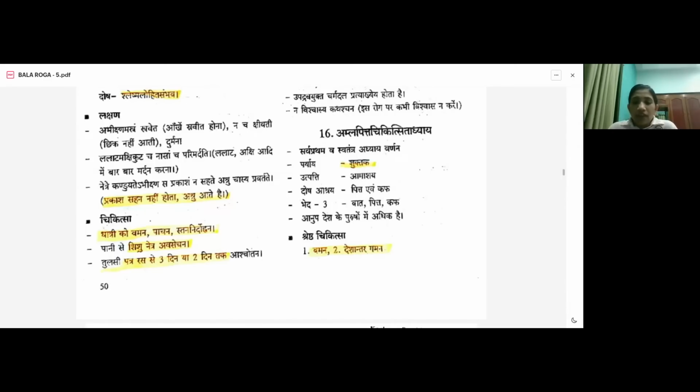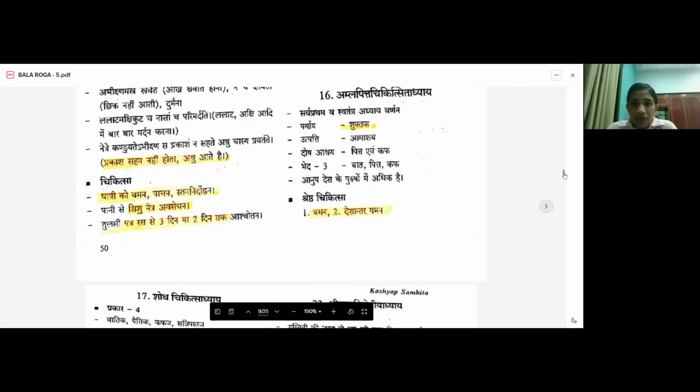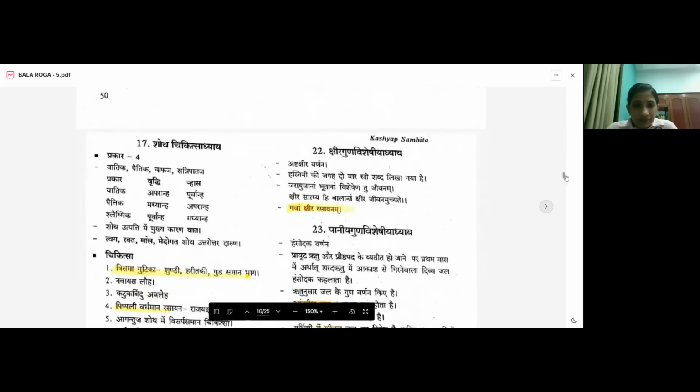Note that point. Deshantara Gamana is mentioned in which disease? In Amlapitta. The going from one place to another place is mentioned. That is Deshantara Gamana. It is a very important point. Okay.